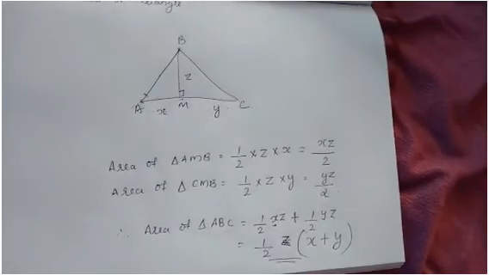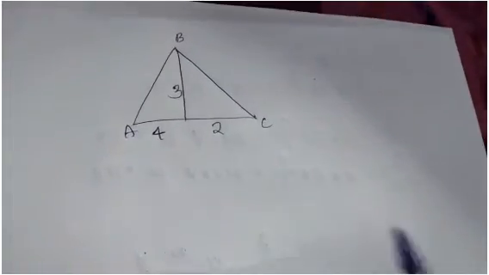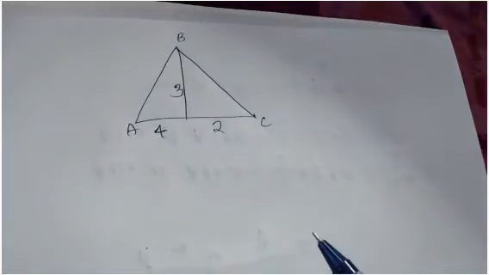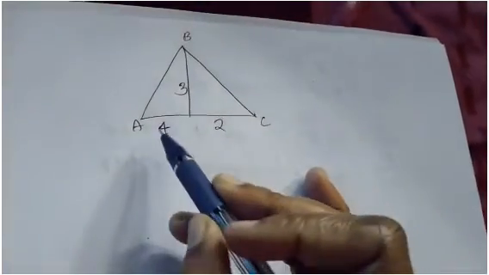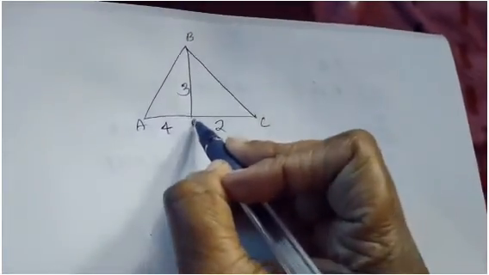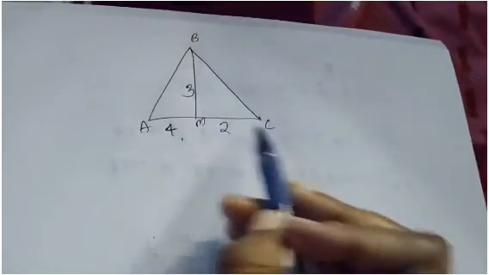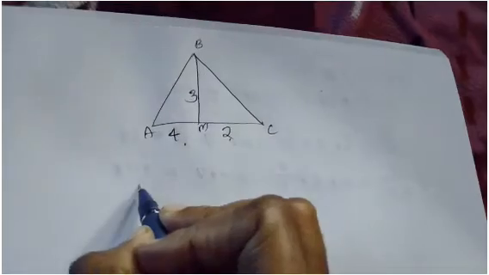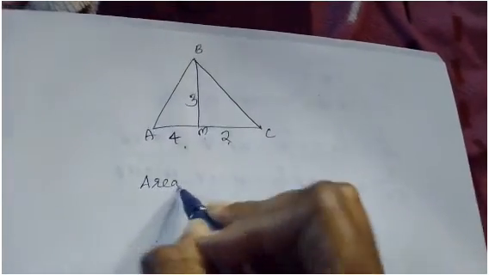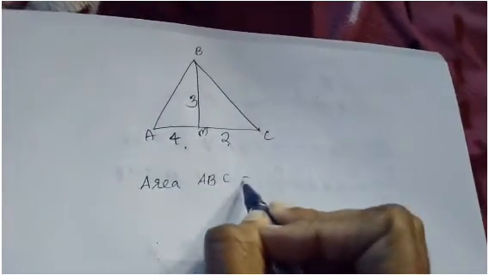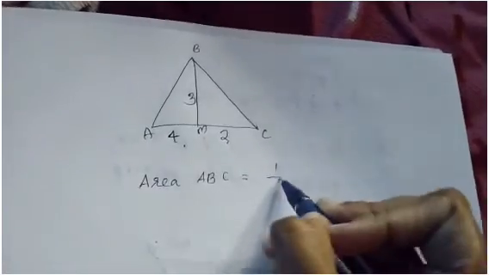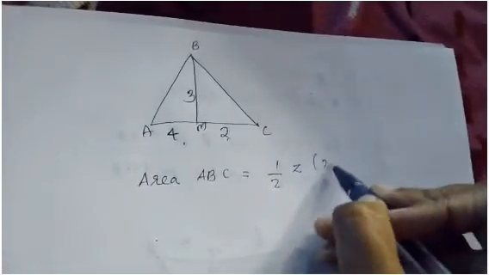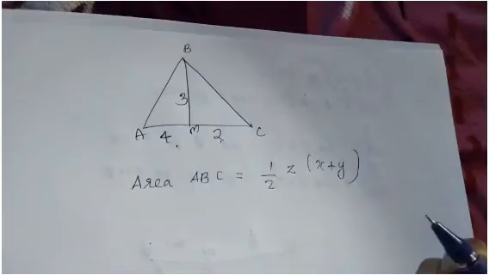For example, let ABC be the triangle, and here it is M, AM is 4, MC is 2, and the perpendicular distance is 3. The area of this triangle ABC, we know, is half into z into x plus y. That is the relation we get.